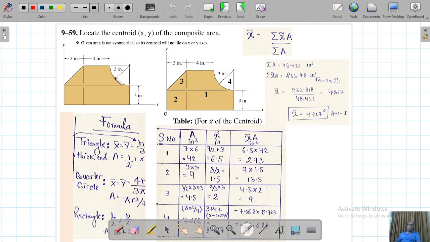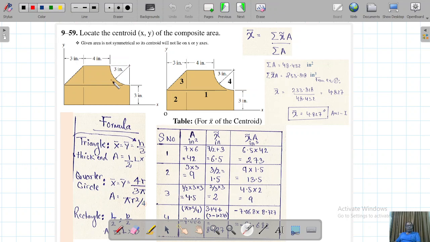Now, 1, 2, 3 are shaded composite areas, but 4 is written here and it is not a shaded area. Because it is not there, we will assume that this semicircle is added up to form a rectangle.